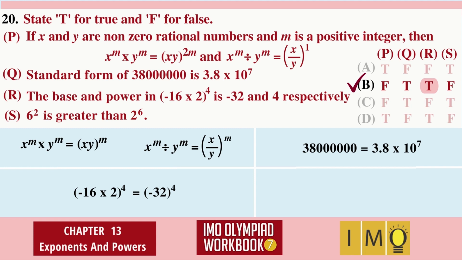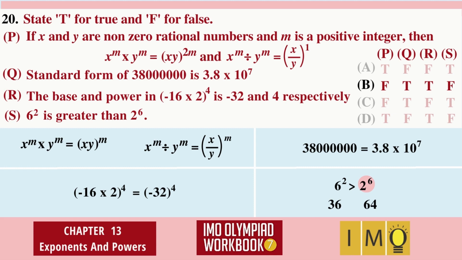But still, we'll go ahead and find out if the statement S is true or false. 6^2 is greater than 2^6. 6^2 is 36 and 2^6 is 64.